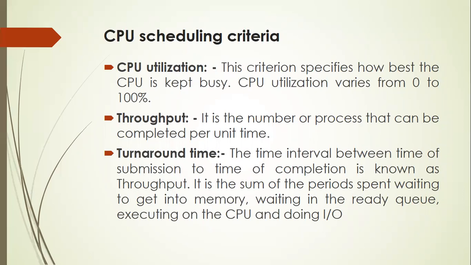Suppose out of the 20 milliseconds allocated, the process utilizes the CPU for only 10 milliseconds, and for the remaining 10 milliseconds it is busy doing IO operation or waiting for an IO request. Then out of the allocated 20 milliseconds, it keeps the CPU busy for only 10 milliseconds, meaning its utilization is only 50%.